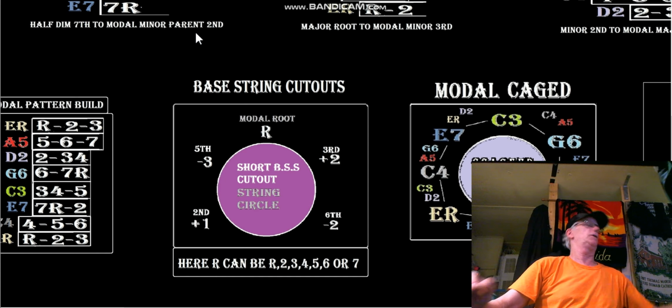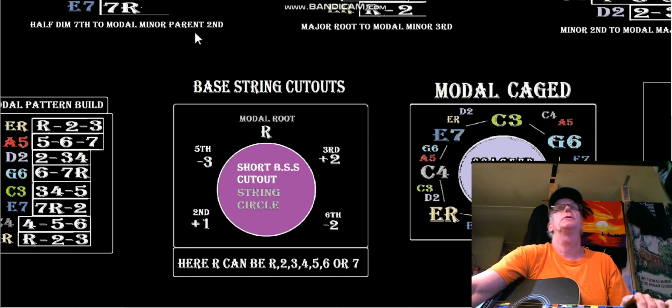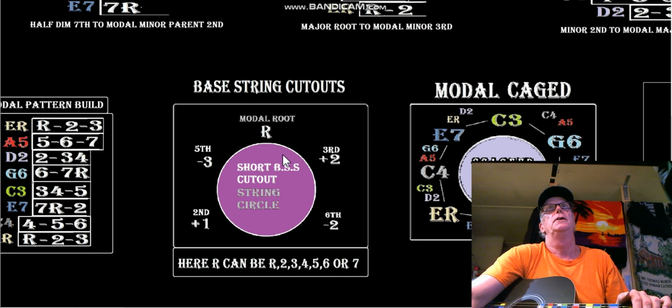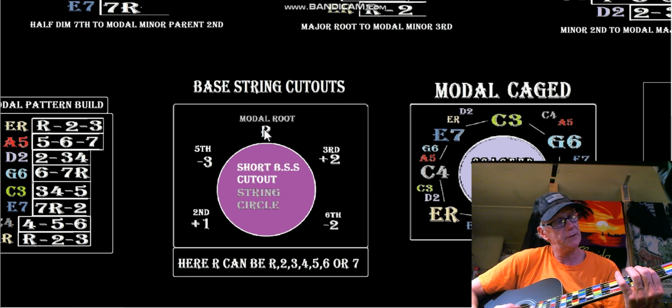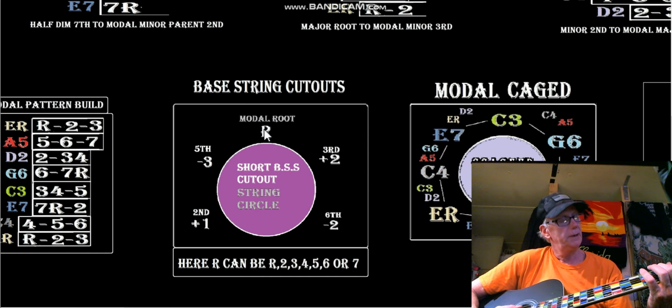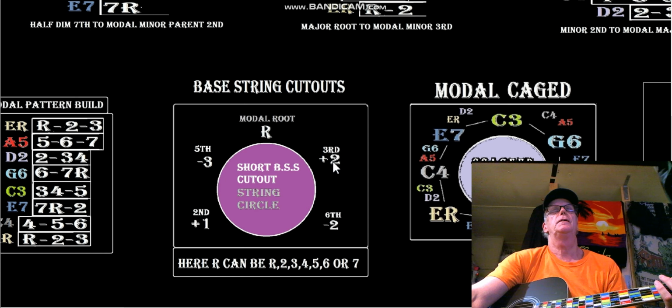If we start on, let's say we're going to do a cutout, so let's say we start on 3 here. We got 3. So we do our cutout. It's 3, 4, 5. So our cutout goes to root plus 2.